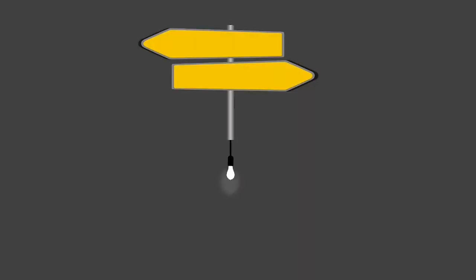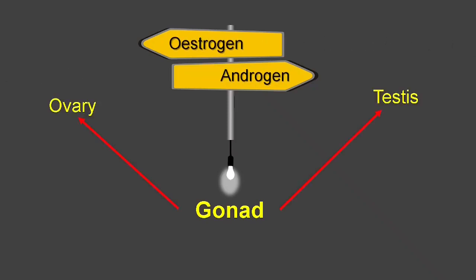So let us begin. How does it start and who directs the development of the genital tubular system or external genitalia? It is the gonad. So in male, testis and in female, ovary. But the ovary doesn't play a very significant role in the development of the tubular system, whereas the testis plays a very significant role.